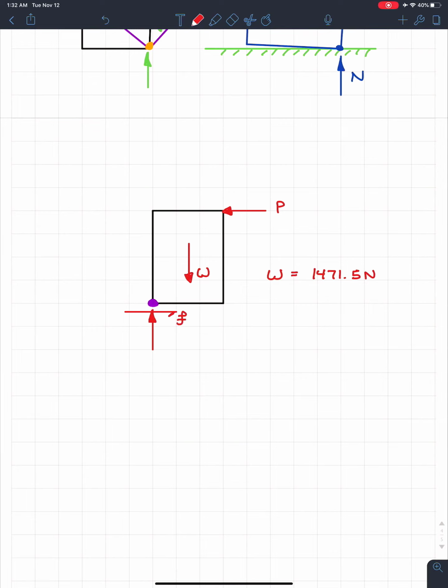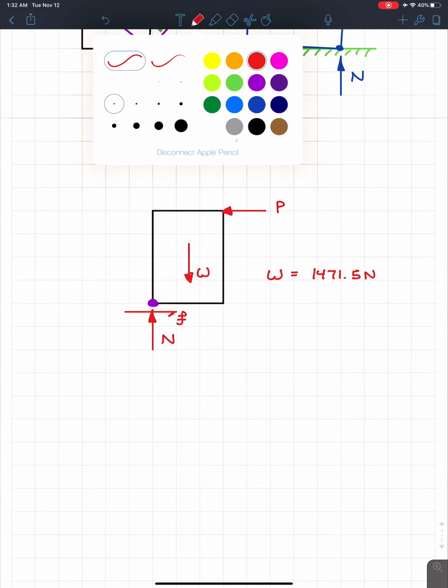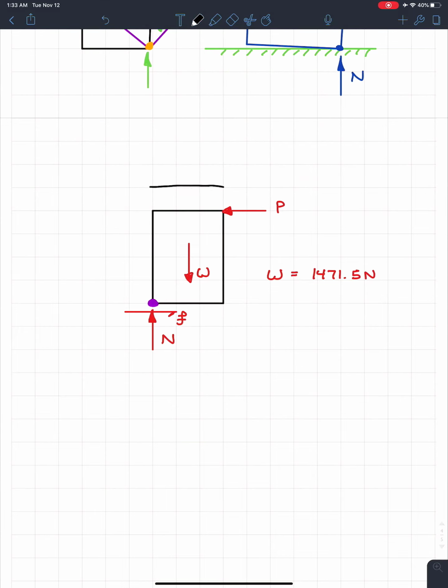So we have friction, our normal force with the weight. All the forces will remain the exact same. The only difference now is the friction and the normal force have shifted over to the side. So finally, we need to dimension everything right here. This right here is going to be 2 meters, and the height of the crate is 3 meters.